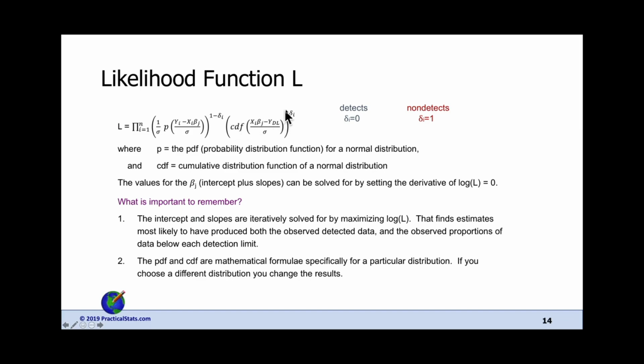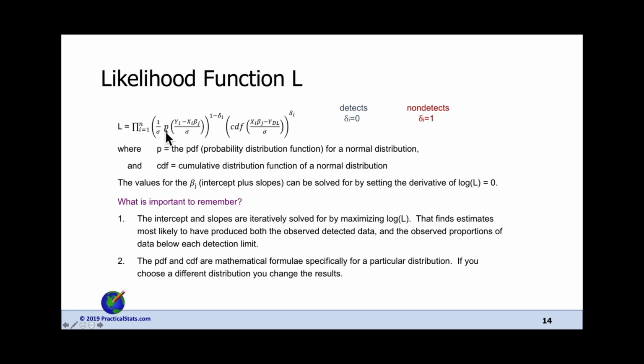Raising this piece to 0 just turns it into a 1 over here, drops this part out. So for detected values, this is the piece that's used to compute L and then log L. When it's a non-detect, 1 minus 1 is 0, and the detected part drops out. 0 over here means it's going to be using the second part, which is the CDF, or the set of percentiles. It's trying to say how close can we predict the right percentile for that detection limit.